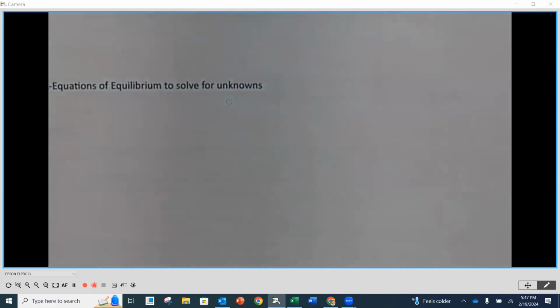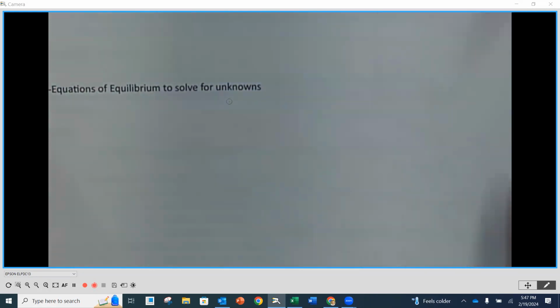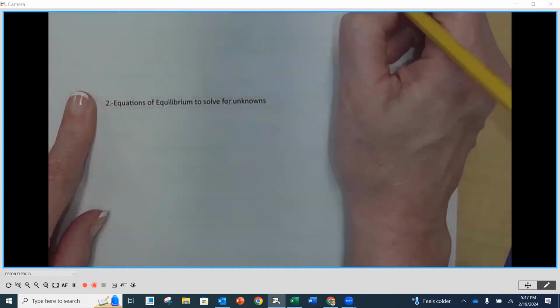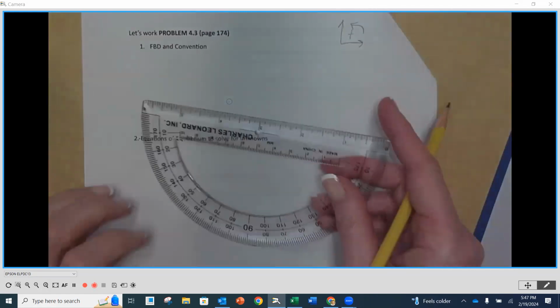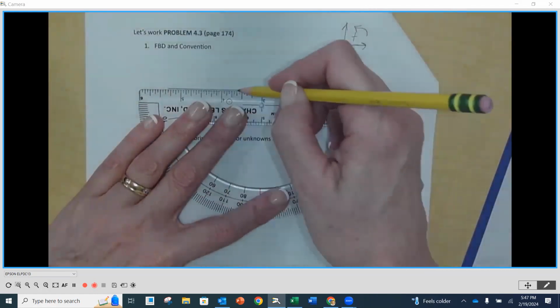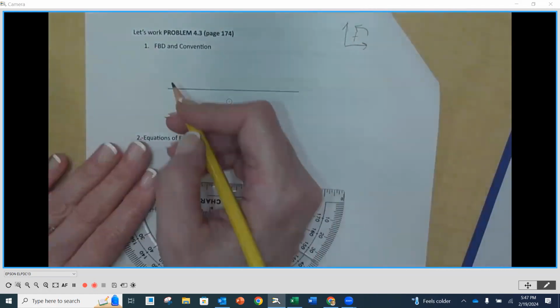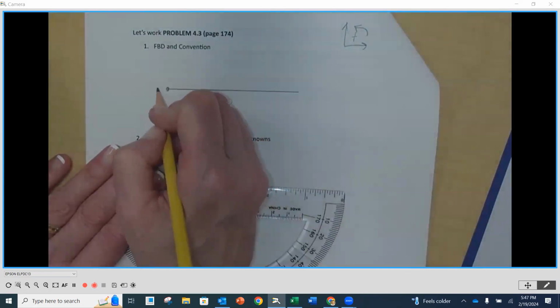The free body diagram is going to be very simple. I'm going to start with our convention up here. The free body diagram is simply going to be a straight line. We're going to call this A. They don't really label any of the points.